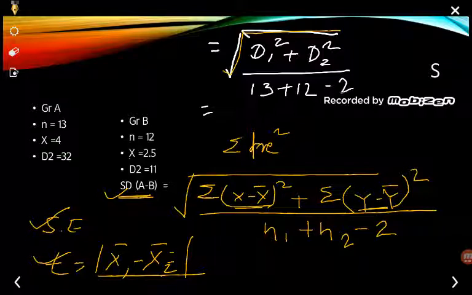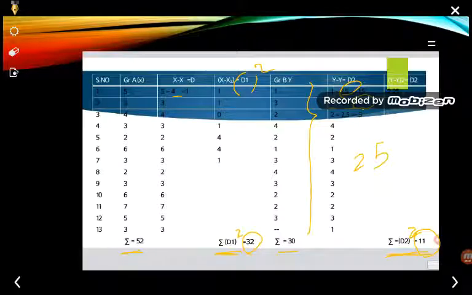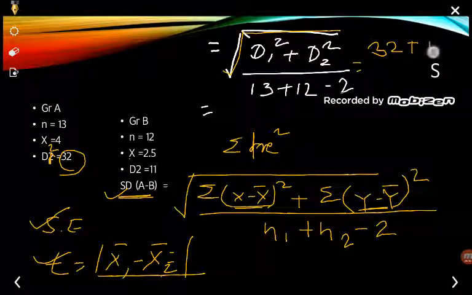We know the deviation of the first one is 32, that is d1 square. And d2 square, as we have seen, is 11. So we write it down as 11.